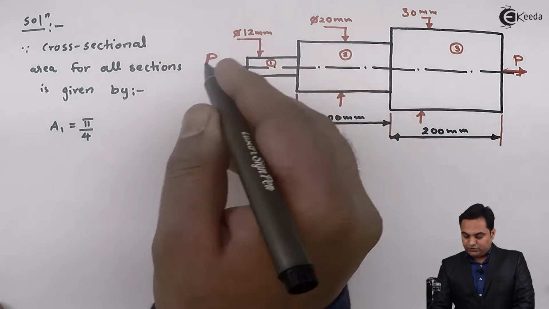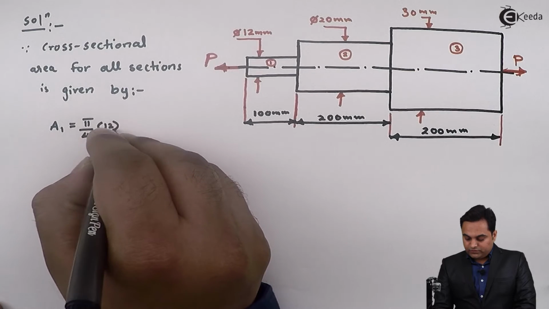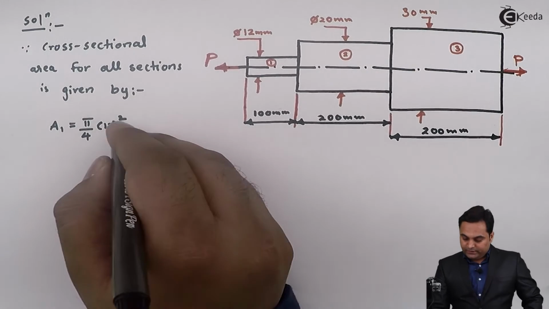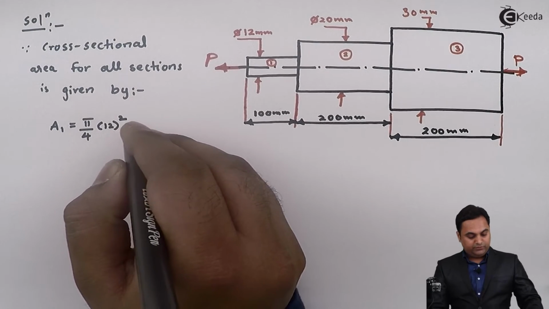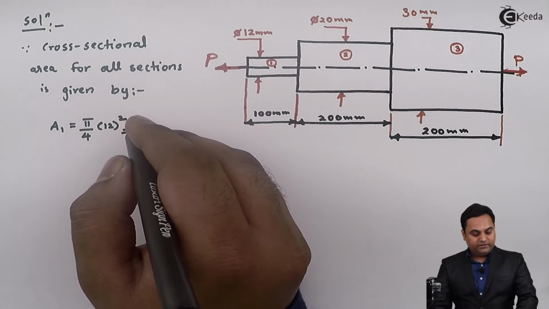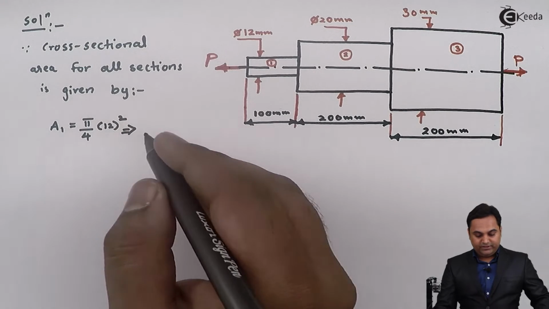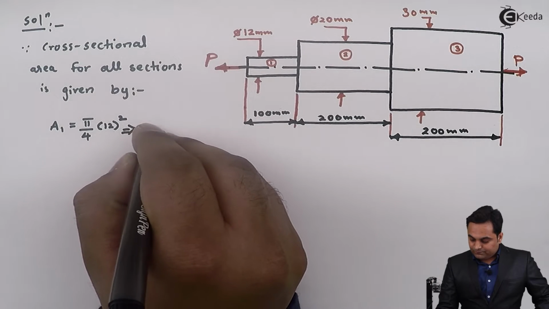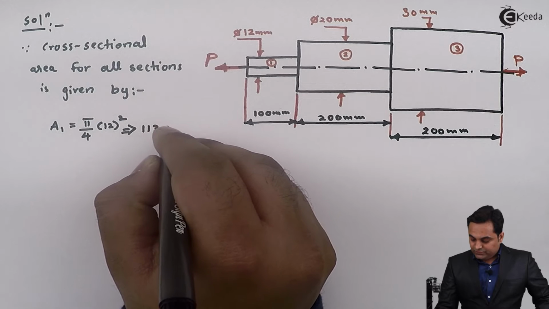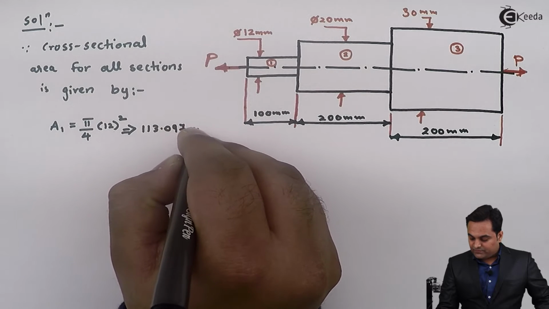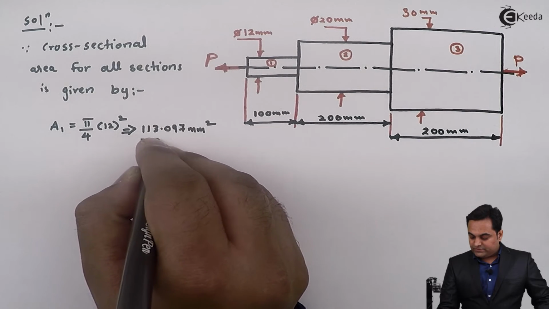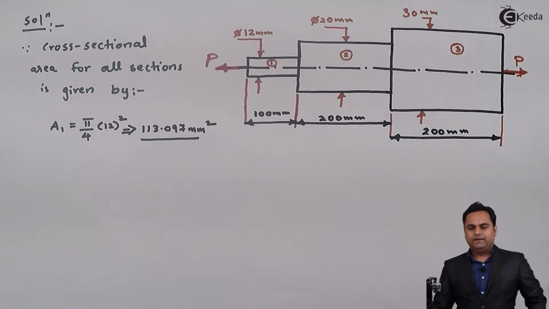Here the diameter is 12, so it is 12 square, and this value comes out to be 113.097 mm square. So this is the first area.